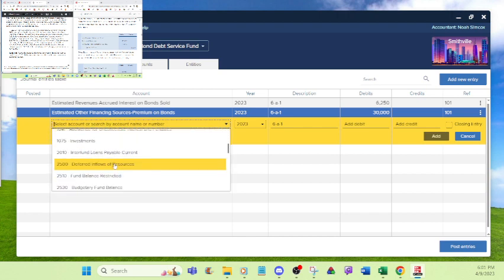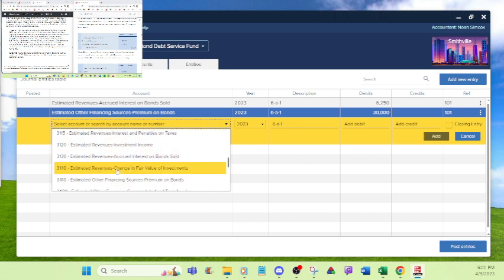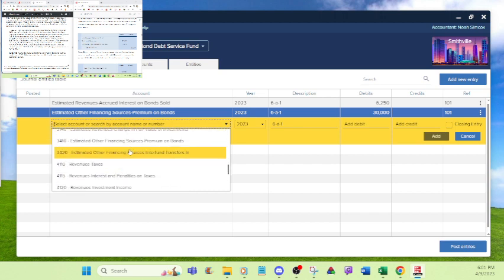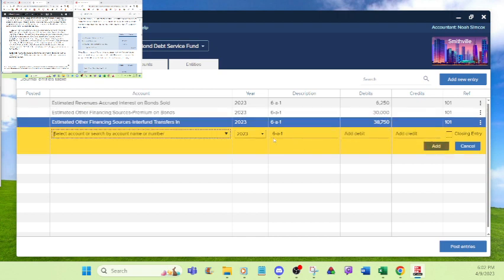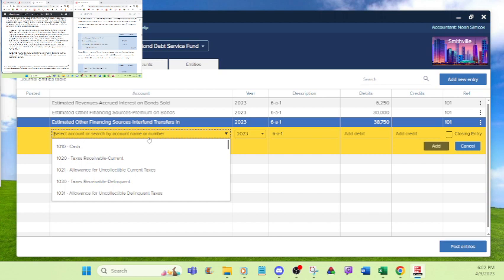We have estimated other financing sources, and interfund transfers in is going to be 38,750, and then appropriations in amount of 1 interest payment.